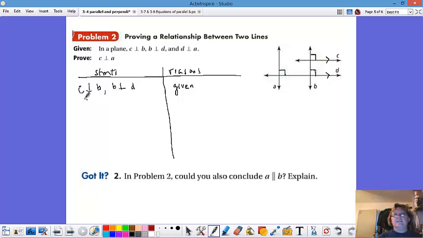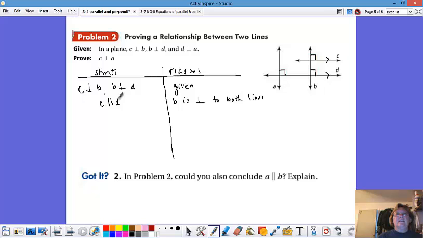But what we said, if C is perpendicular to B and B is perpendicular to D, C must be parallel to D because B is perpendicular to both of those lines. That was our second theorem. B is perpendicular to both lines, therefore they must be parallel.